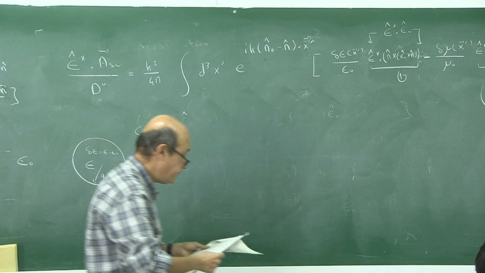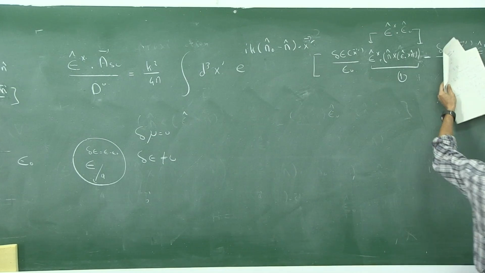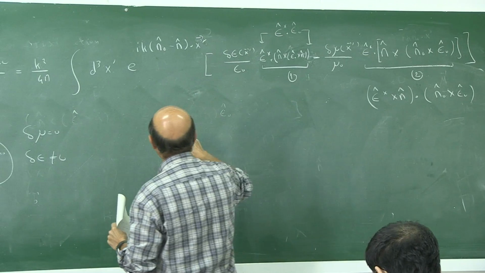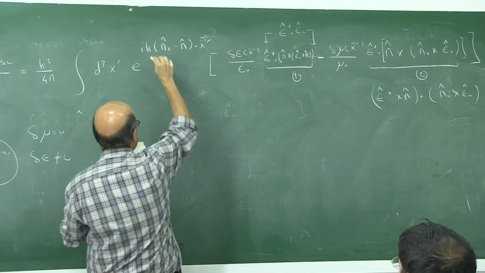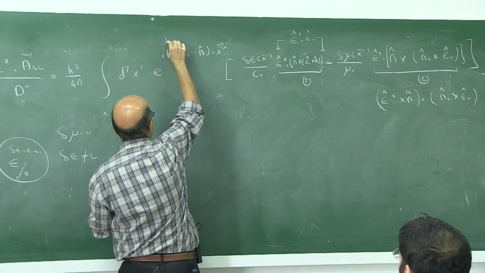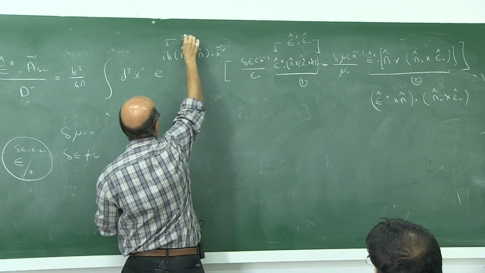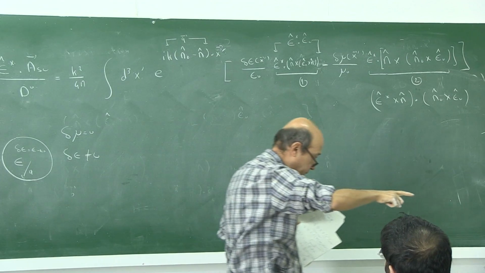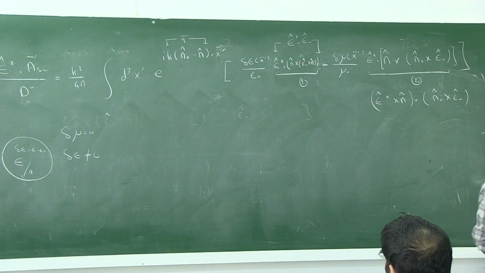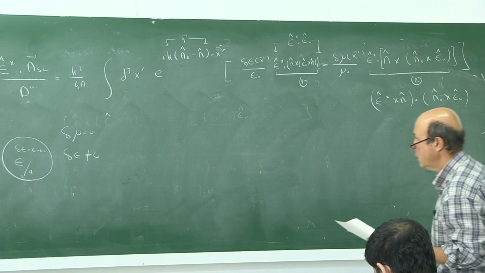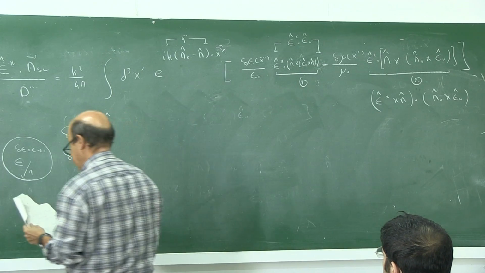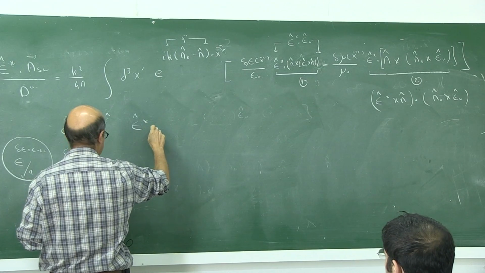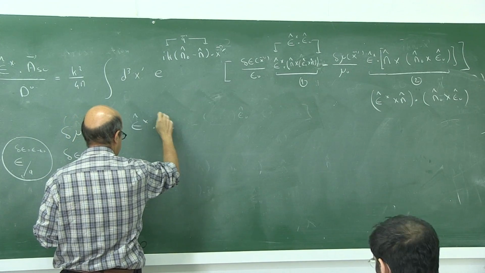So basically this part is 0 and this is there, and what is k0 minus k n we called q, the change in the wave number before the scattering and after the scattering. So if you want to calculate this for this problem, the result will be the following.